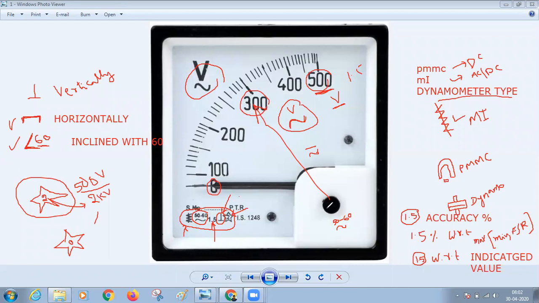If it is measuring an indicated value of 200, then 1.5% of 200 is the error for this meter.